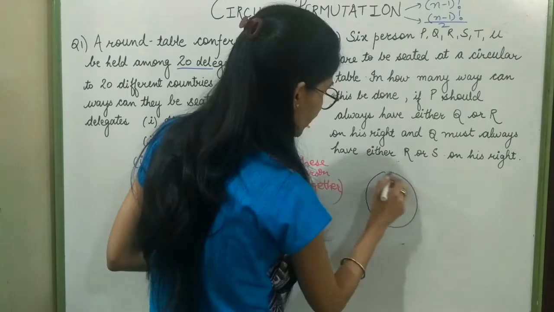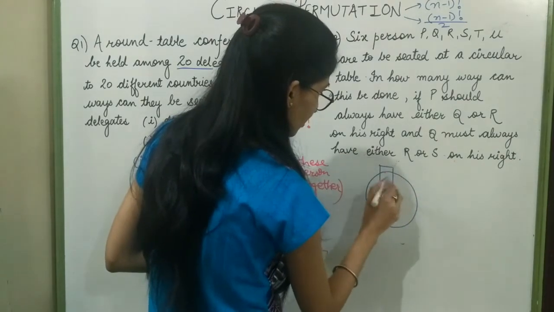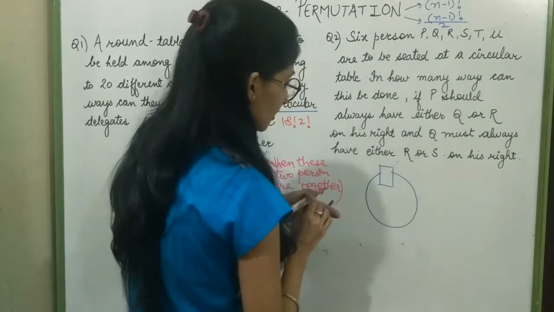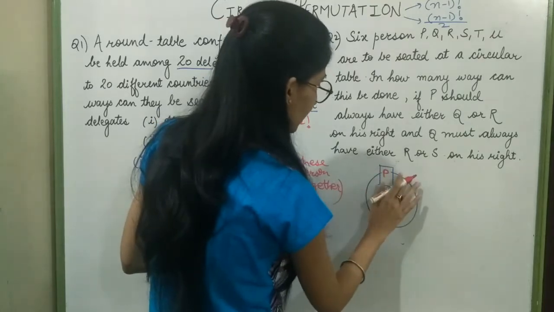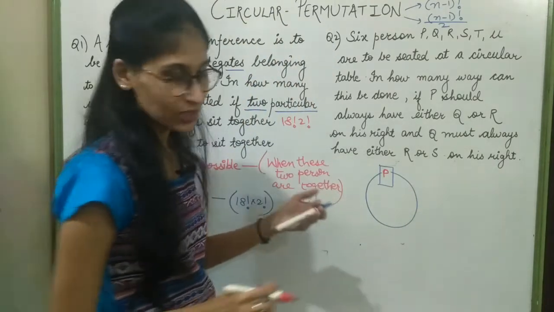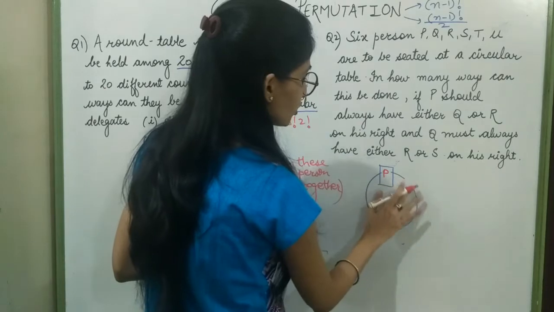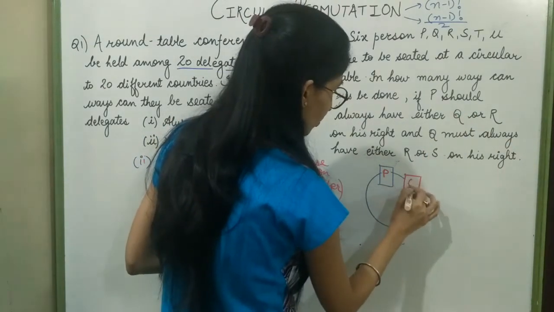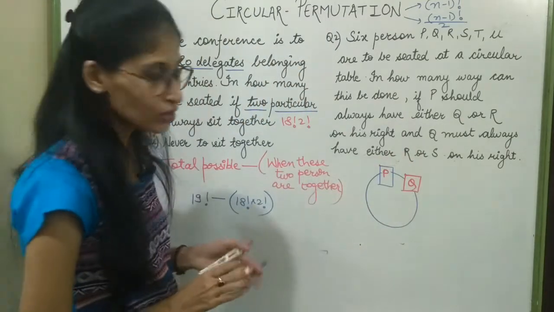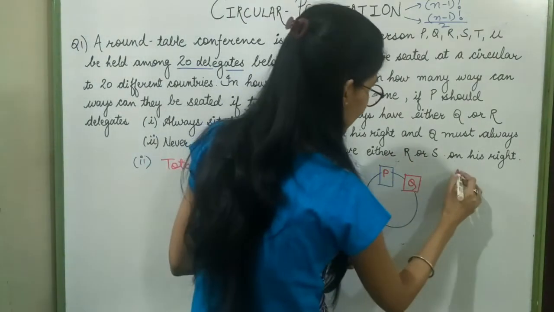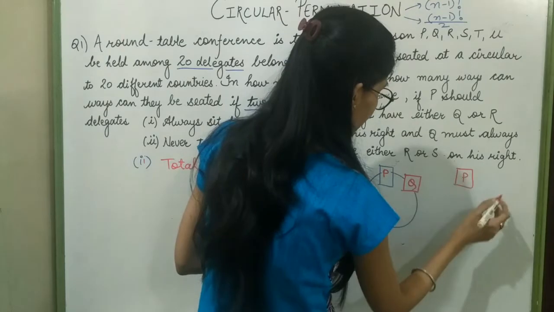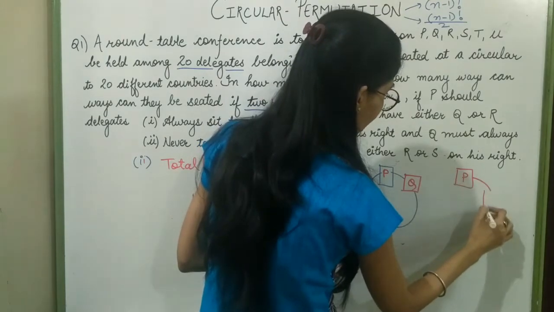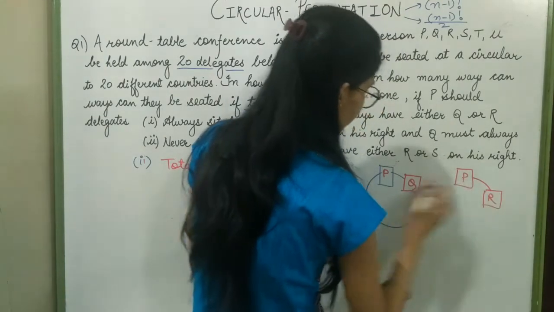In my first case, I have seated P, and on his right he should have either Q or R. So I have seated Q in the first case. In the second case, P is having R on his right side.